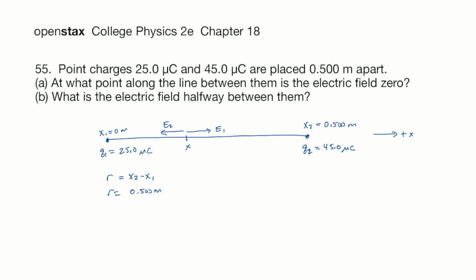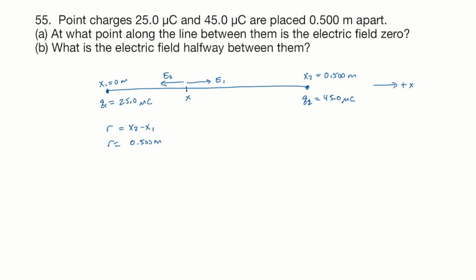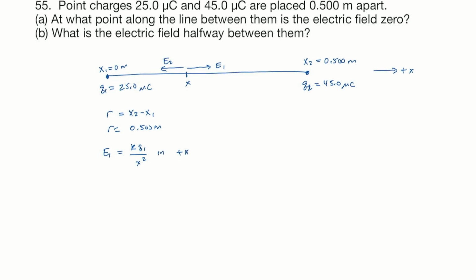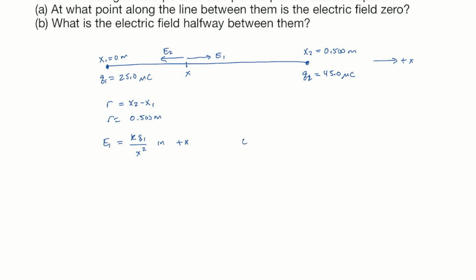So what we can write down is that E1 is K Q1 over X squared, because Q1 is a distance X from the point. It starts at 0. And this is in the plus X direction. The E2 is K Q2 over the distance between Q2 and the position X. So that's going to be R minus X, and we need to square that.